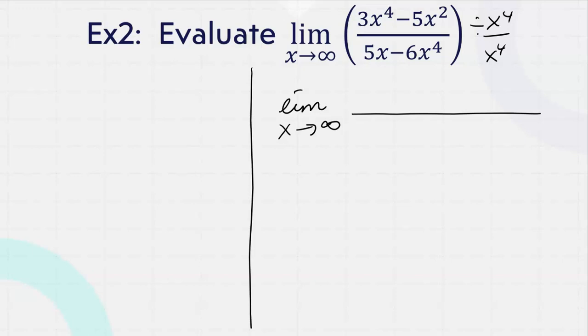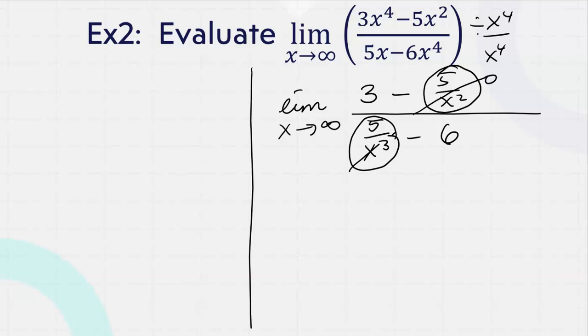So here we have 3 minus 5 over x squared, divided by the denominator, which will be 5 over x to the 3rd minus 6, right? And when x goes to infinity, this goes to 0, and this goes to 0, because a number divided by something very large approaches 0. Therefore, this limit will be 3 over negative 6, which is negative 1/2. Okay, so that's what we had done before.